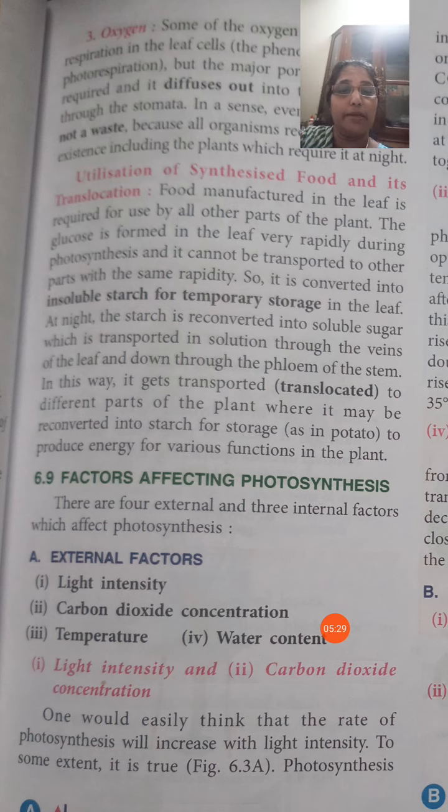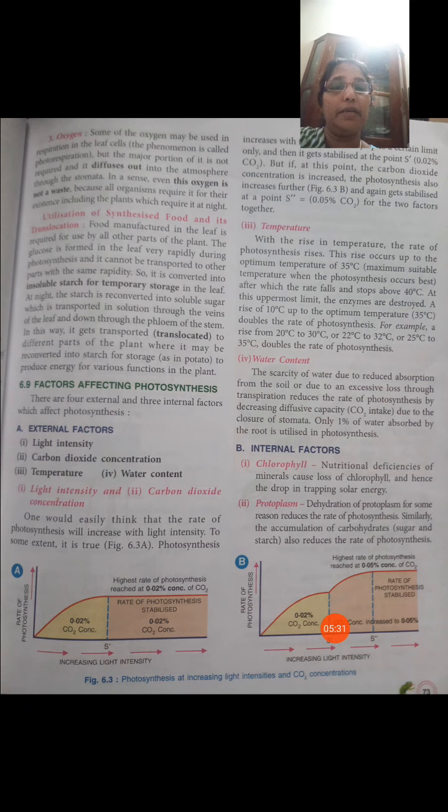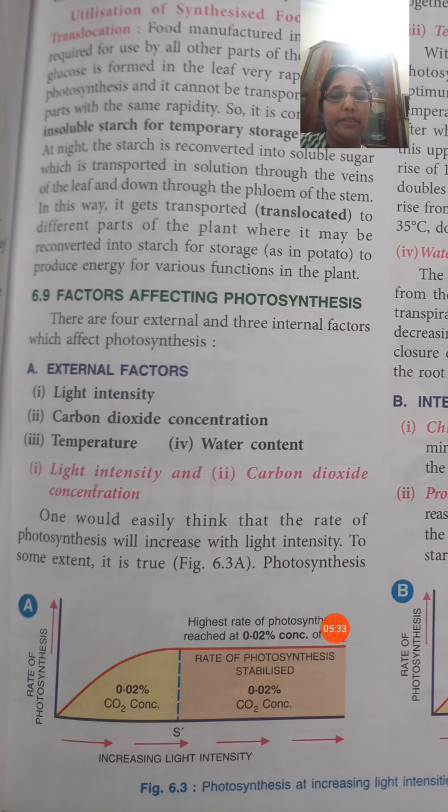You know that certain graphs are given here about light intensity. You can see that on one axis the rate of photosynthesis is given, and on the other axis the increasing light intensity.